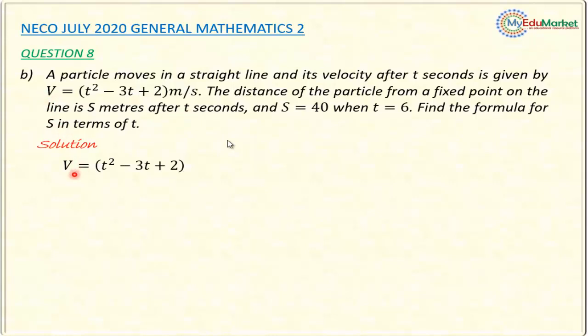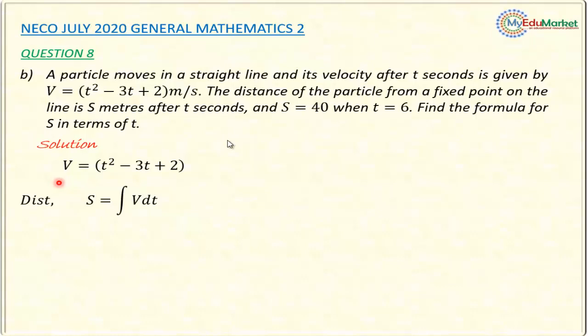Copying the velocity function v equals t squared minus 3t plus 2. To get the function of distance or displacement, I'm simply going to integrate the velocity. The integral of the velocity function will give you the function for distance, or rather displacement.